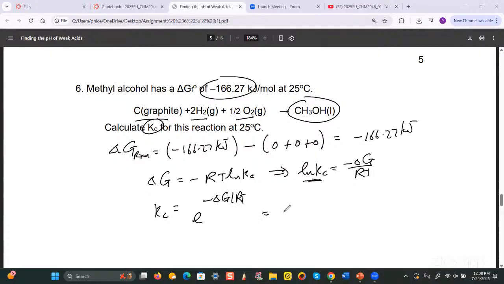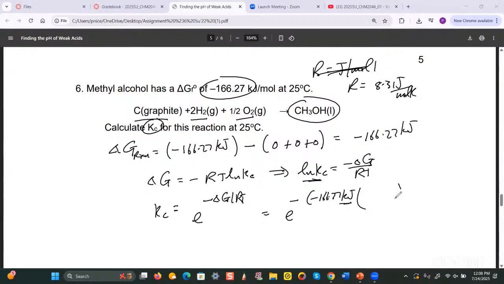So basically, all we have to do is plug the numbers in. E to the minus 166.27 kilojoules. Now, because we have kilojoules here, and R is expressed in joules per mole Kelvin, the actual value of R is 8.31 joules per mole Kelvin, we have to do some unit conversion.